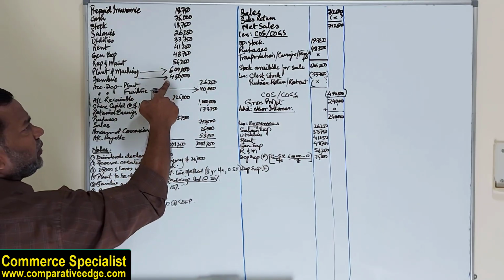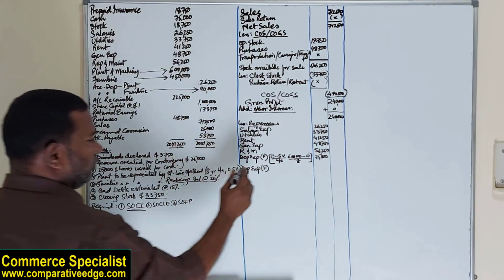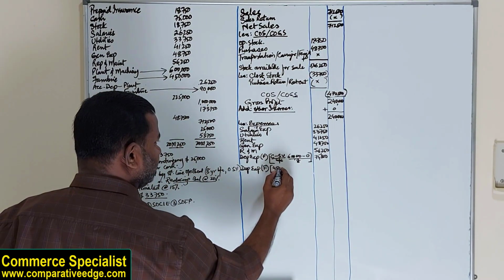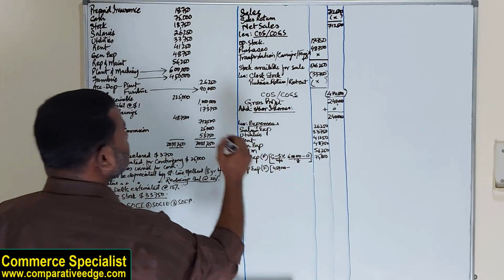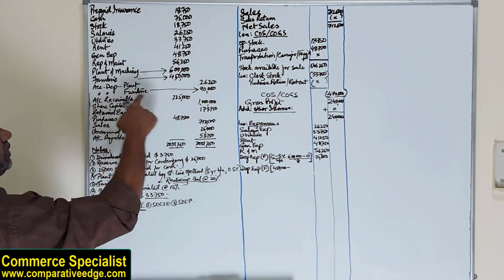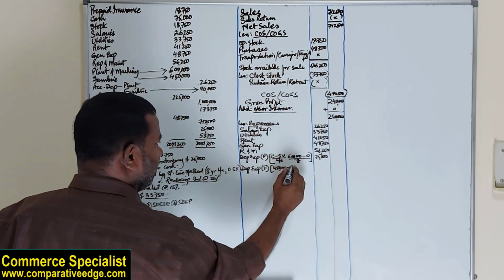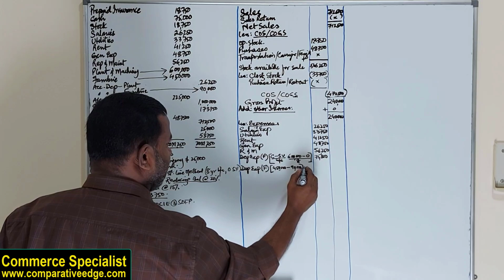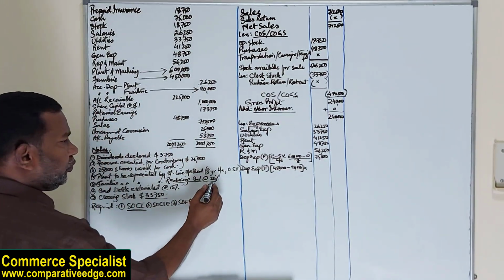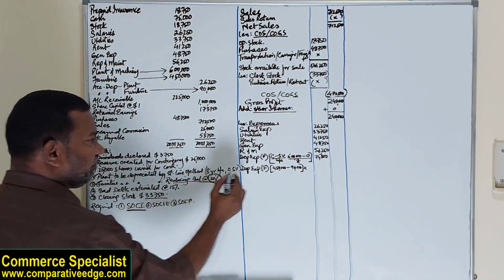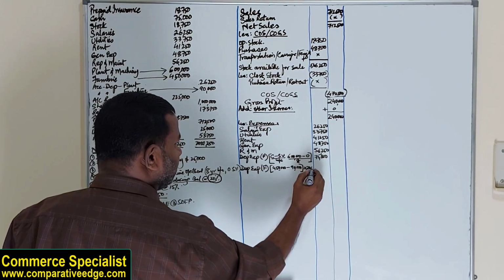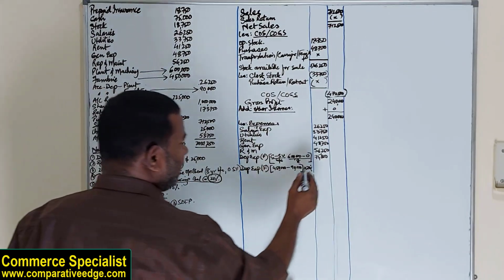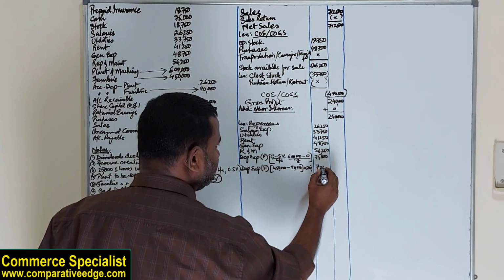So cost is 450,000, minus existing accumulated depreciation given in the trial balance, 90,000. Whatever we get, we apply this 20% on. So 450 minus 90 is 360, and 20% of that would be 72,000.